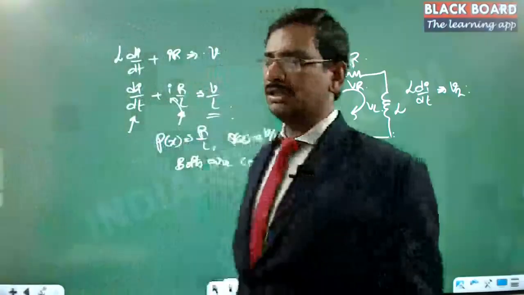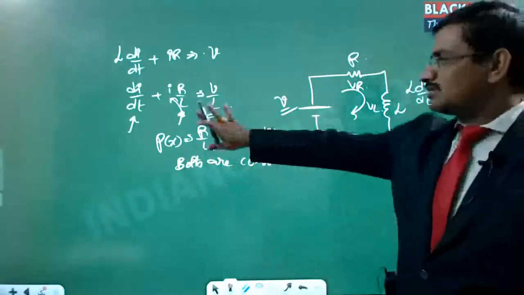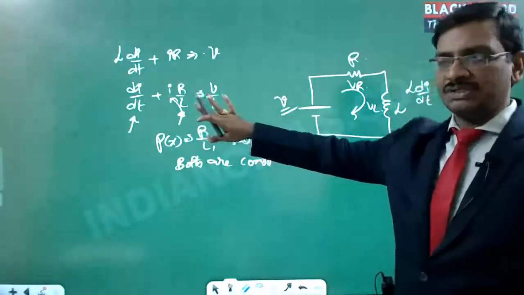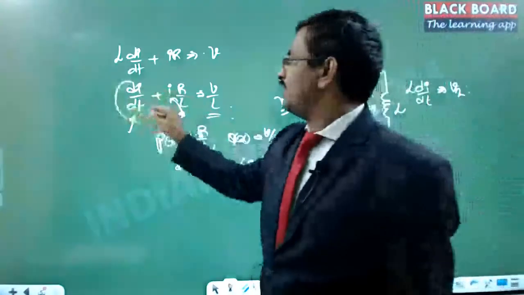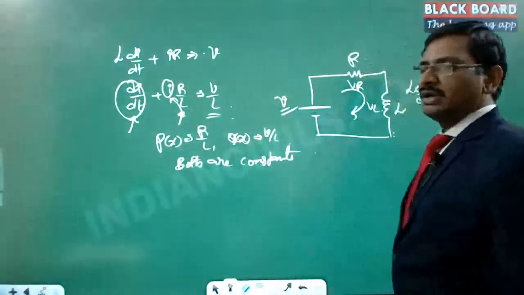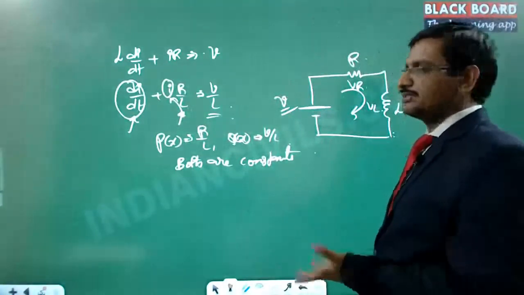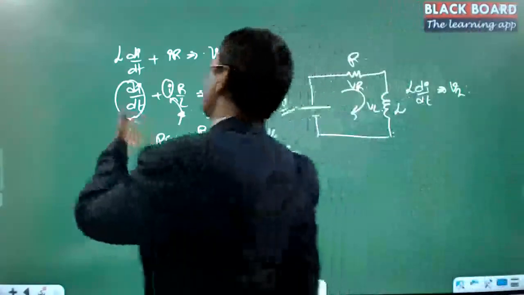So this is the first order Leibniz equation if you notice carefully: di/dt plus I times something, where the remaining values are functions of t, or simply constants. Then we can identify the solution for this.